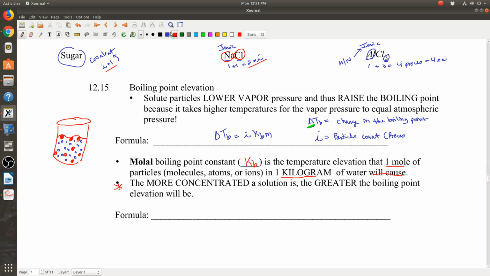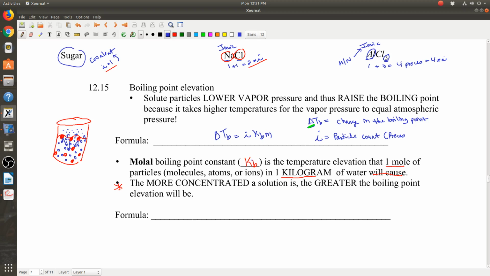All right, so now my water wants to escape and become a gas. But some of it hits that solute particle and falls back down into solution. It doesn't get to evaporate. Some of them here on the outsides, they're the ones that escape, the ones that are not being blocked.